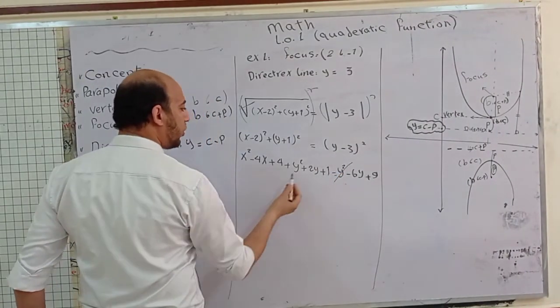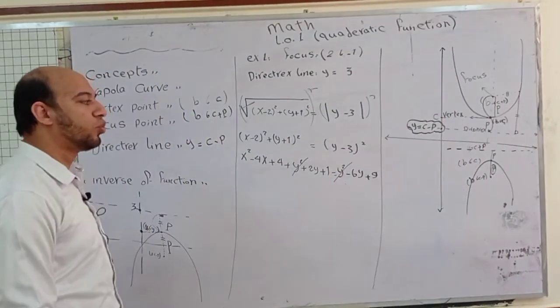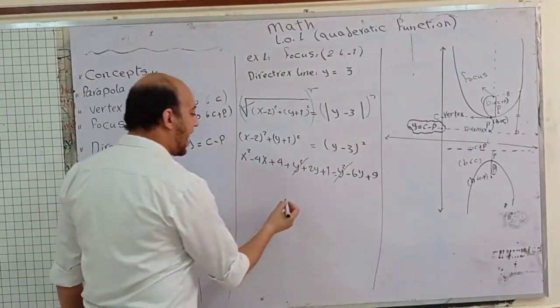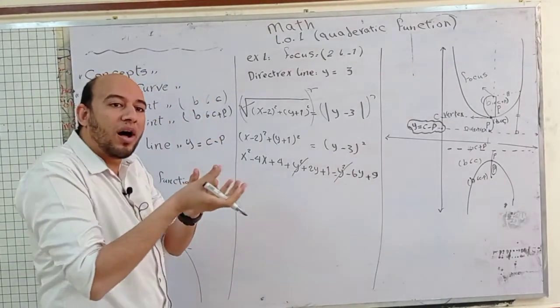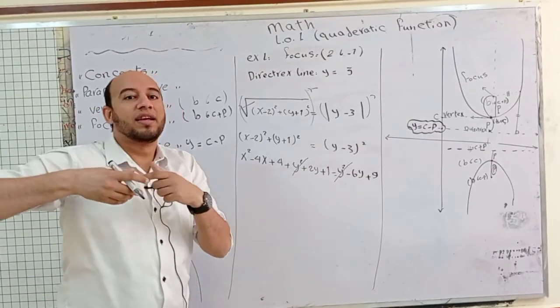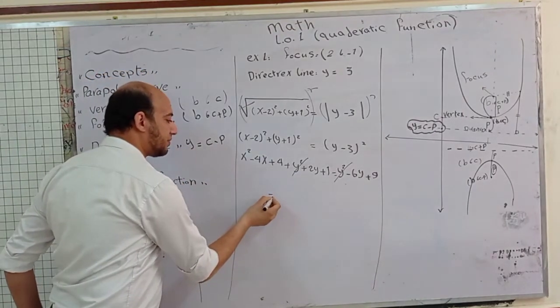y squared is eliminated with y squared, and we try to get y on one side.